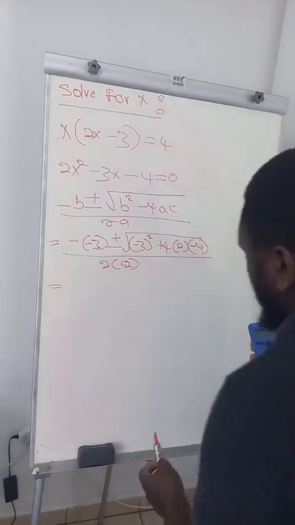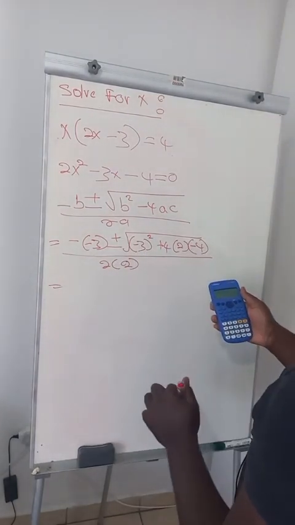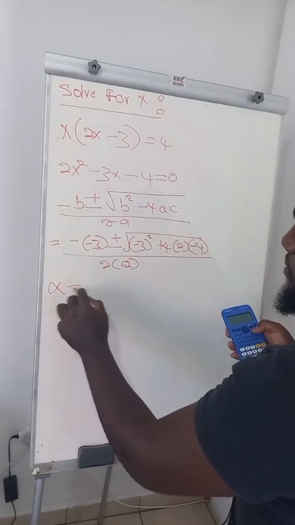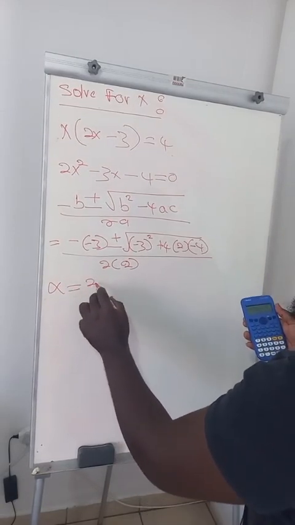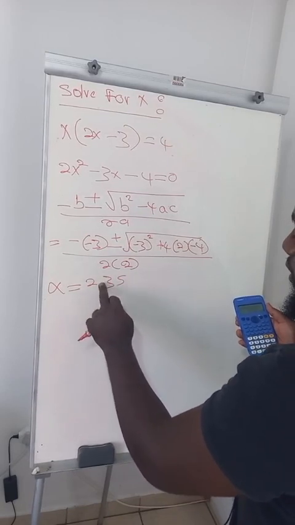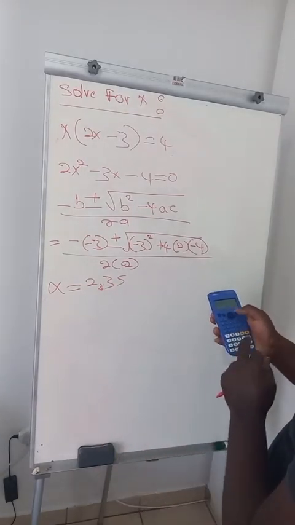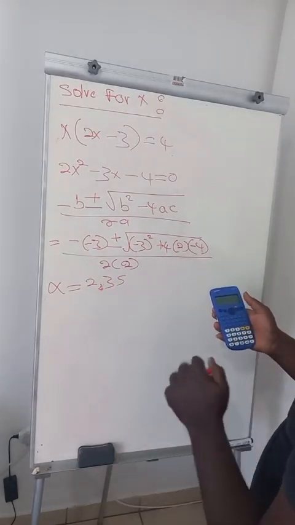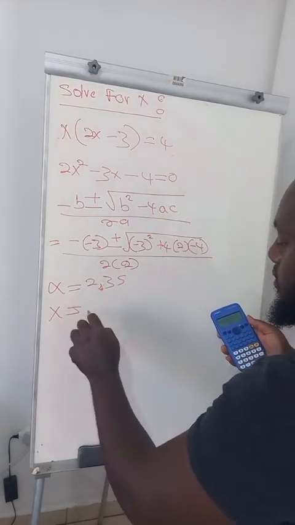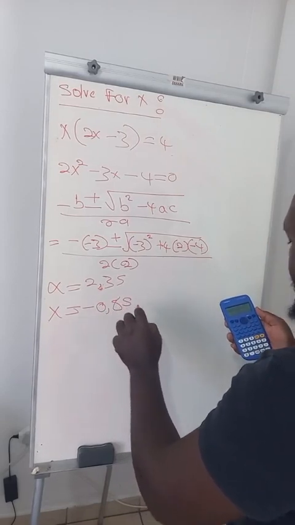So your answer now will give you, if it's a positive there, you get that x will be equal to 2.35. So this is a comma here. And then if you're to get something else, for the negative, you will get x is equal to negative 0.85.